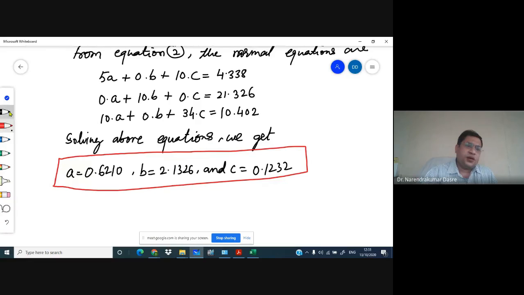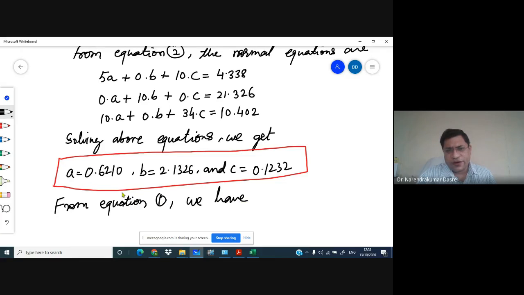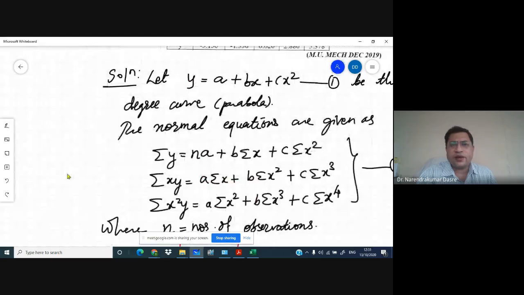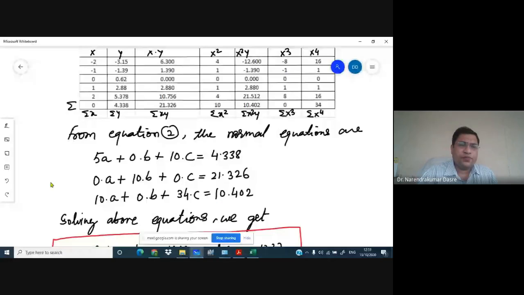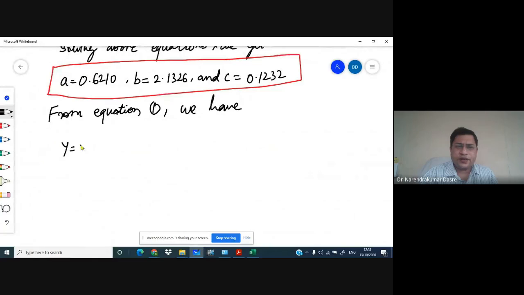Okay, now what we can write is from equation 1. Finally we have to put these values in equation 1. So you can see equation 1 is A plus Bx plus Cx square. So what we have here, y is equal to 0.6210 plus 2.1326 times x plus 0.1232 times x square.